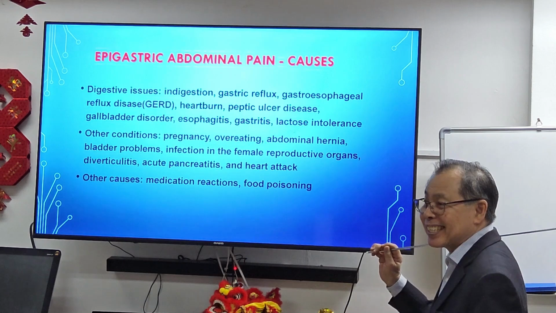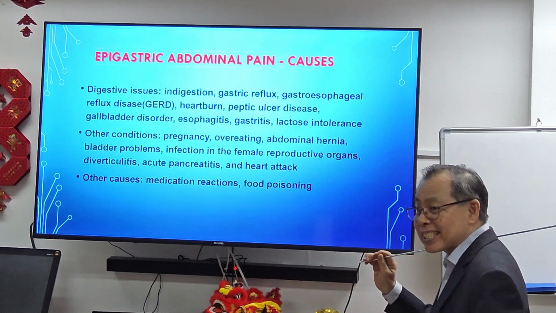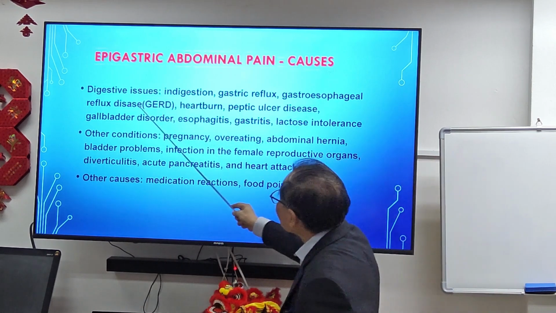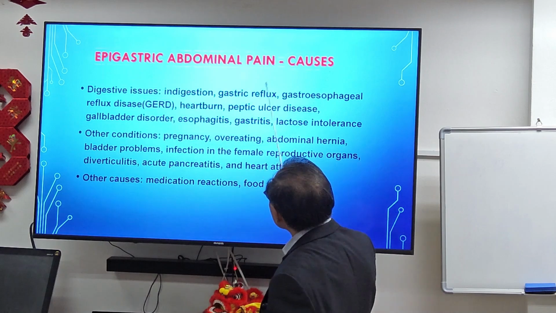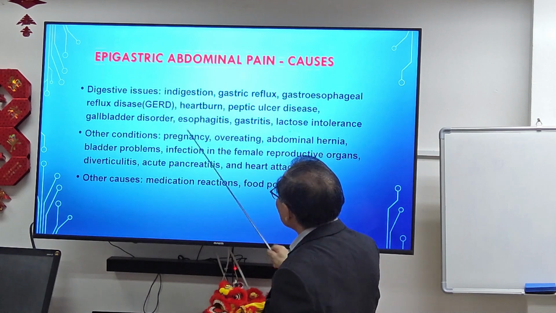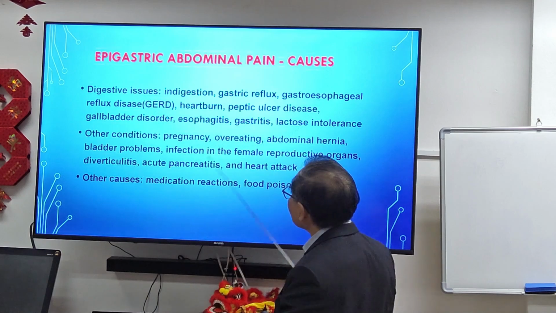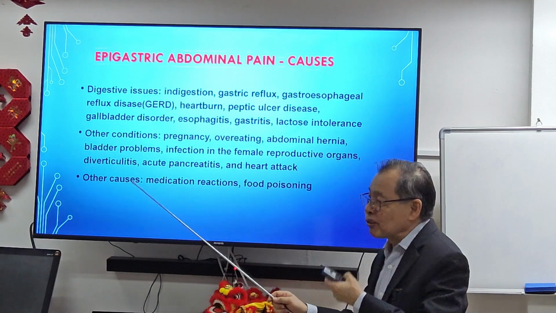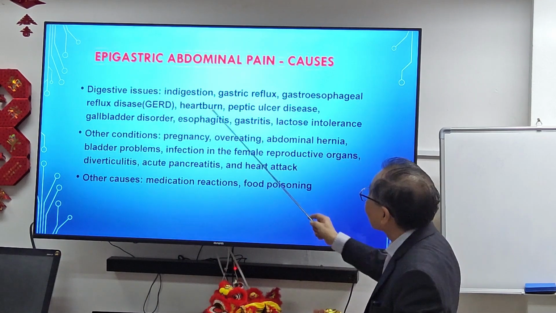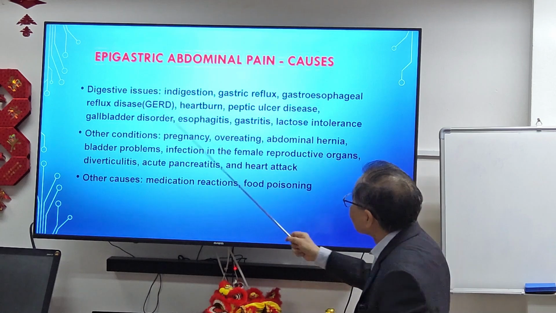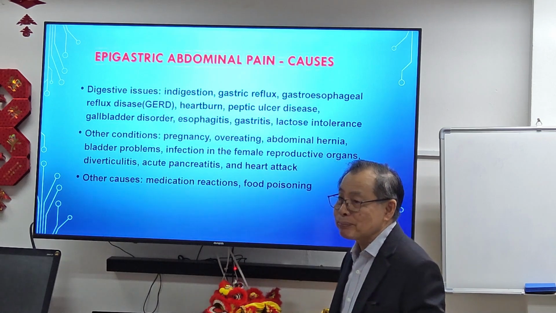These are all the causes here. A lot of causes. Most of them of course have to do with the stomach: indigestion, gastric reflux, GERD, which is reflux disease, where you have acid going up into your esophagus and into your mouth sometimes. Heartburn, peptic ulcer. Then you have gallbladder disorder.